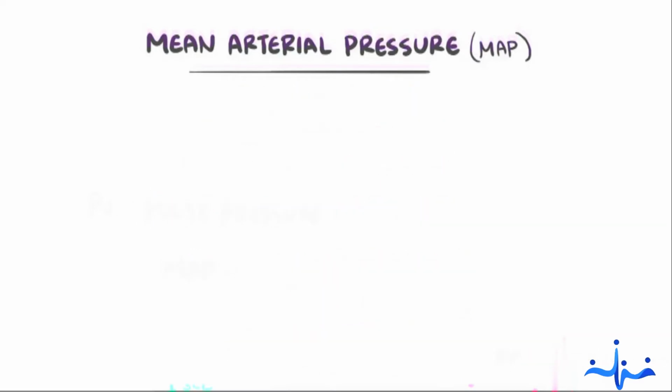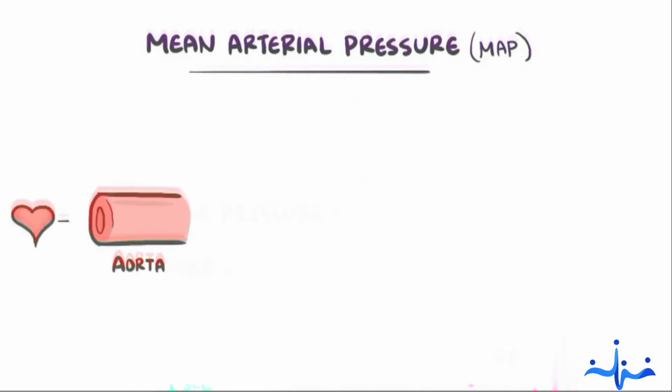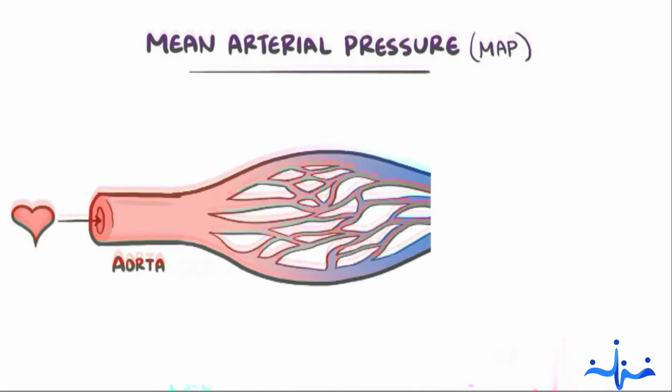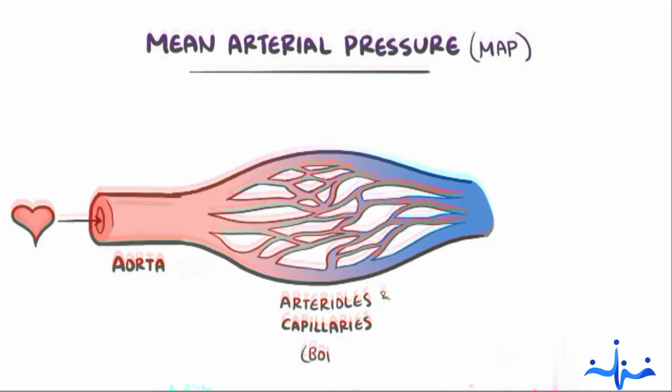Now, a completely different way to think about MAP is by using the relationship between blood pressure, blood flow, and resistance. So let's go back to our big artery. Say this time it's the aorta, the biggest of the arteries, coming right from the heart itself. That artery goes to the arterioles and capillaries, let's say representing the whole human body.